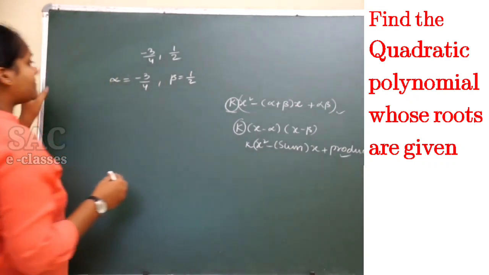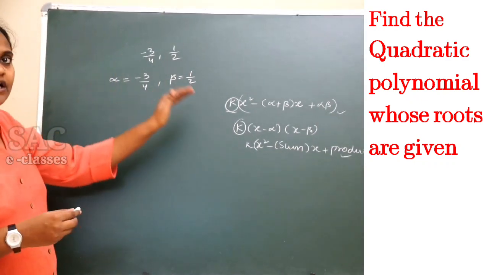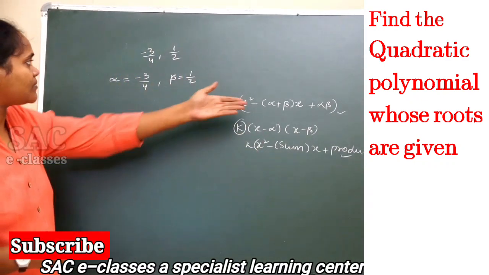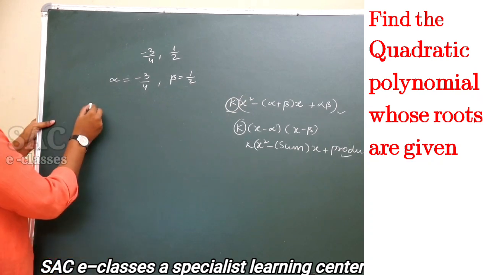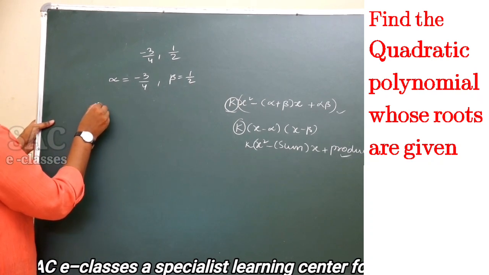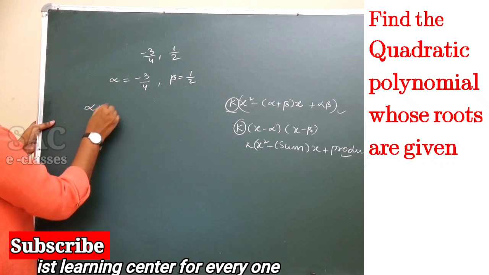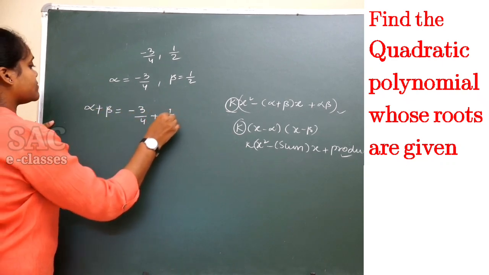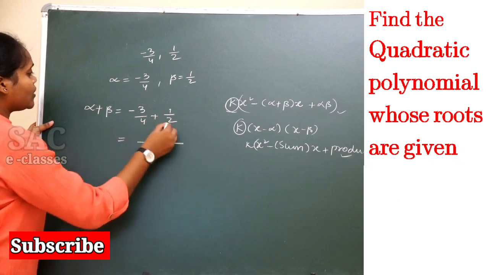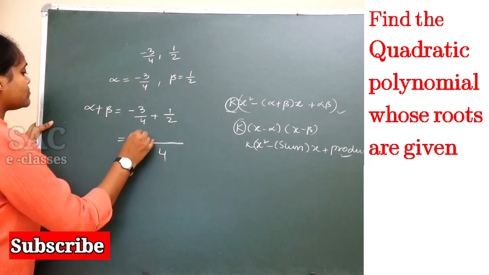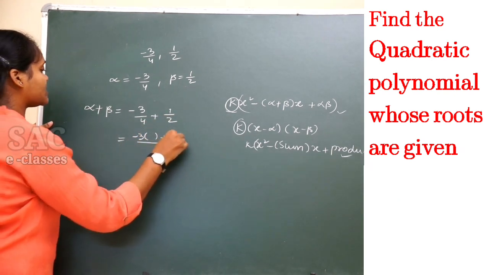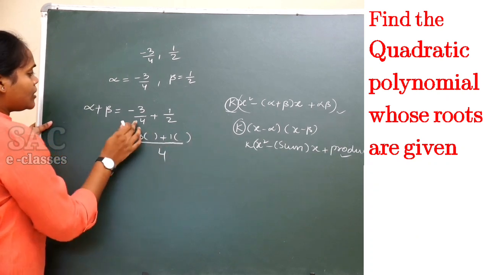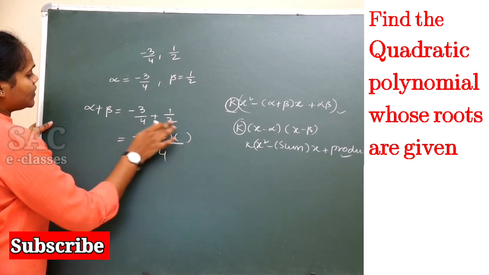So first of all, I am finding the alpha plus beta value, later the alpha beta value, then I am going to substitute them. Let's find the alpha plus beta value. That is minus 3 by 4 plus 1 by 2. Obviously, the LCM of 4 and 2 is 4.